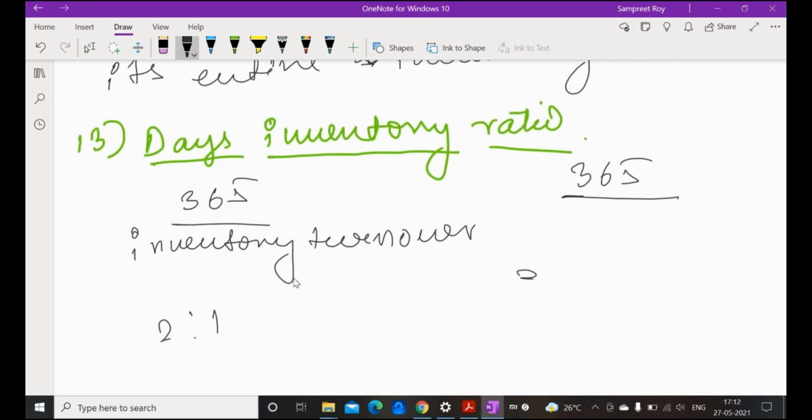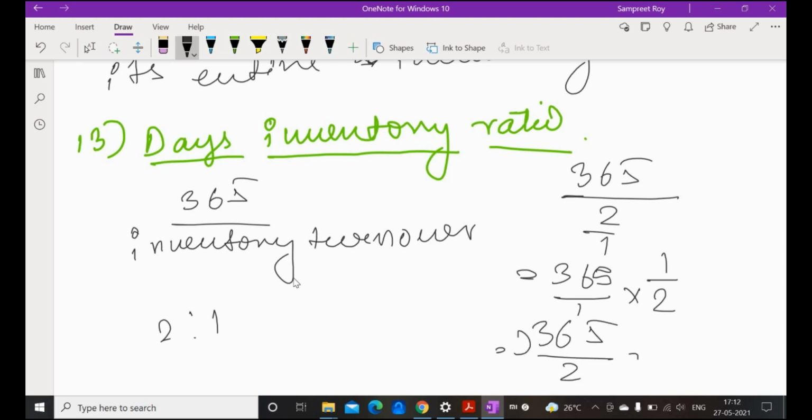It will be given by 365 by 2 by 1, that is 365 by 1 into 1 by 2, that is 365 by 2, that is on an average 182.5.